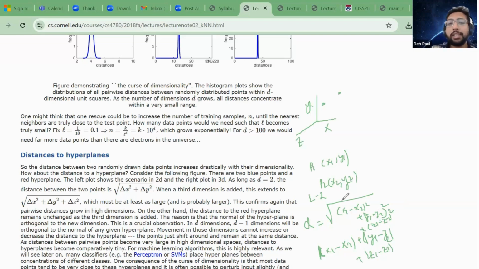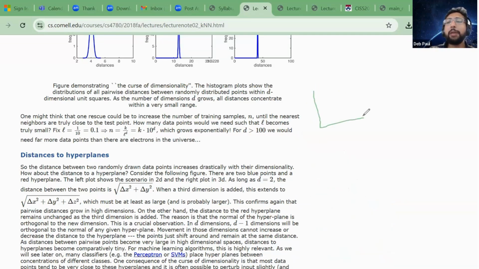As my dimension increases, the value of the distance becomes larger and larger. The other way to think about it is that if you have two dimensions, there is very little space to fit points. But as the dimension gets bigger and bigger, the points have much more area to spread across.